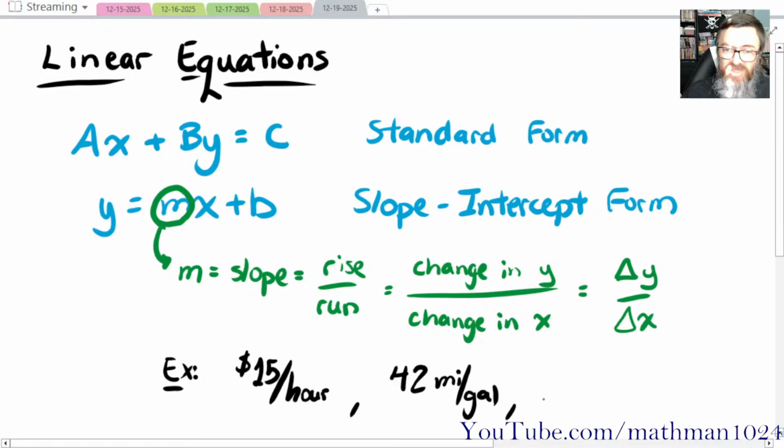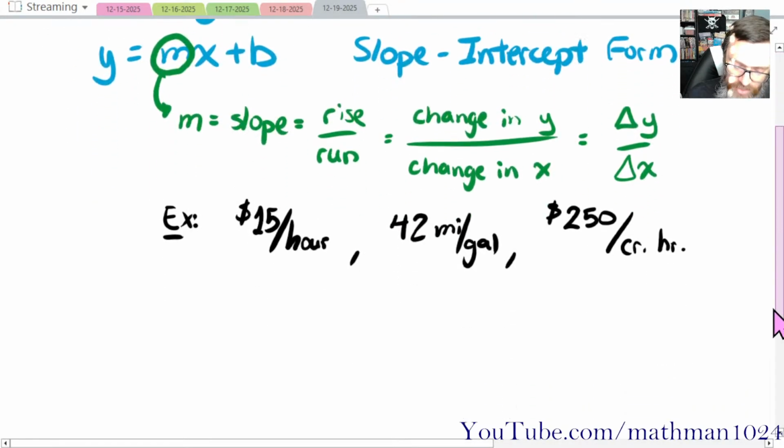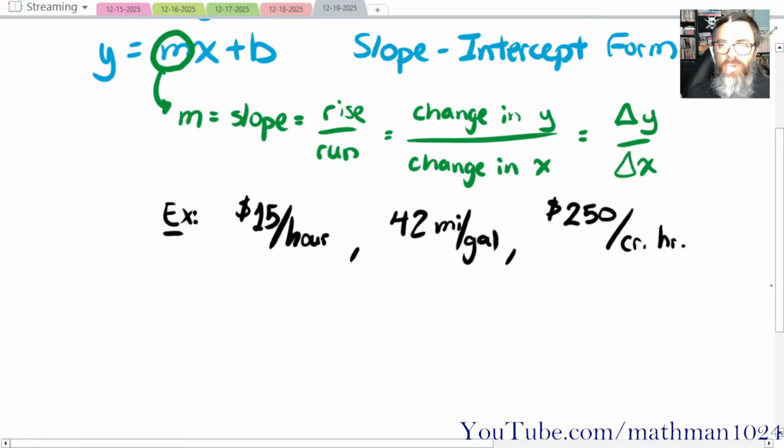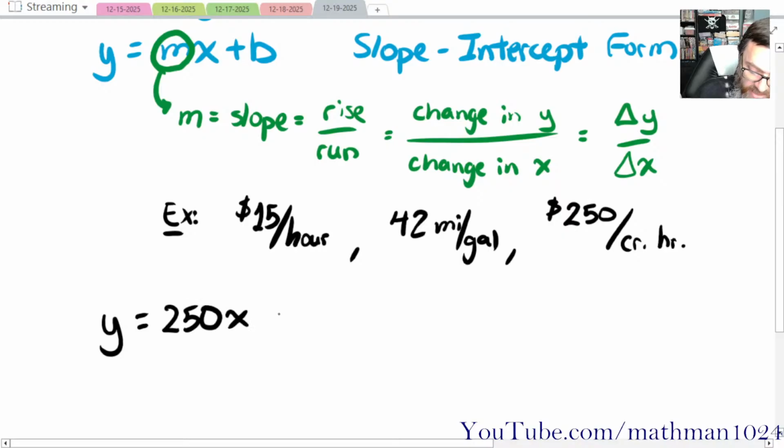Or maybe you're looking at the cost of tuition, and you find out the cost of tuition is $250 per credit hour. And you could use that and come up with an equation that describes what your tuition cost is. It might be that your tuition cost is 250x plus 45, where that 250 is your slope.